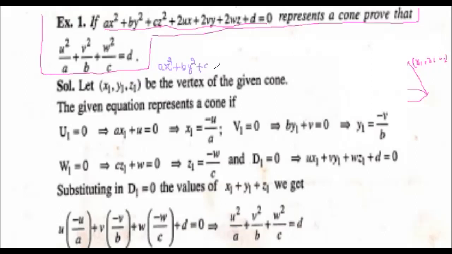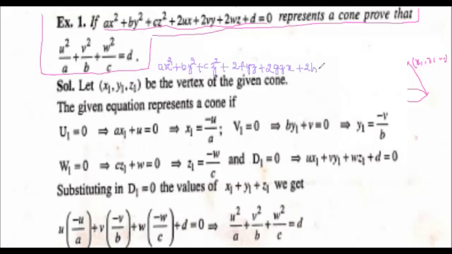Cz square, and then we have 2fyz, 2gzx, and then 2hxy.